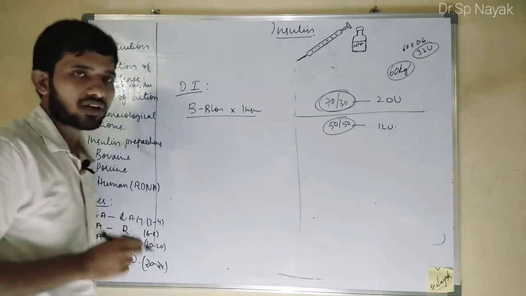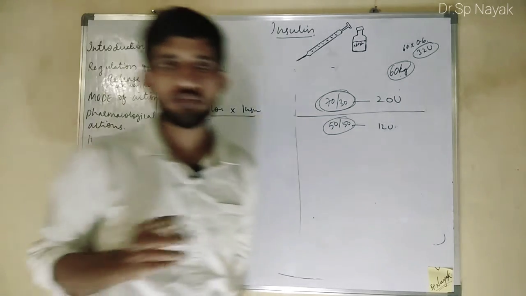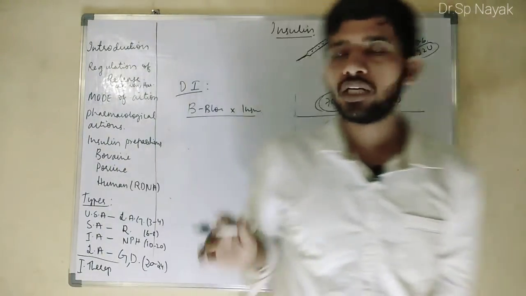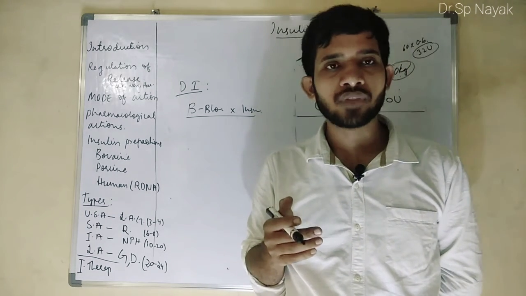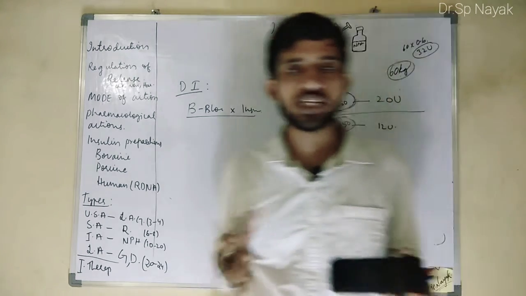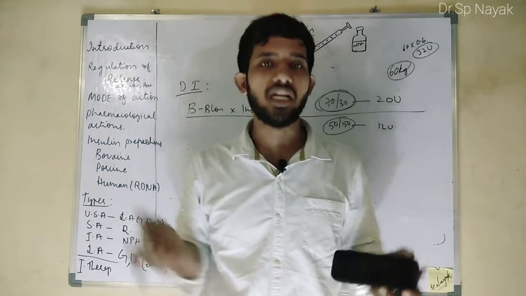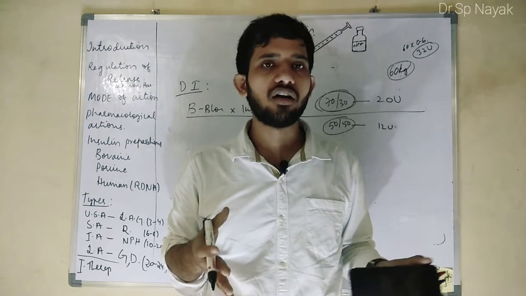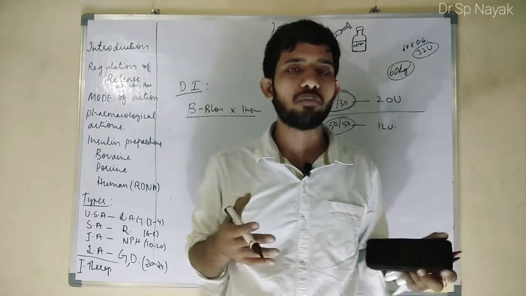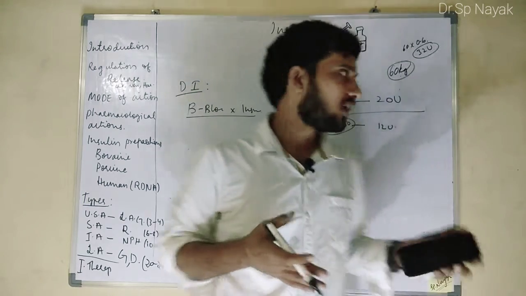When insulin and a beta blocker are given together, in hypoglycemia, in an overdose of insulin, the patient will have sympathetic activity. So the patient will have tremors, shivering, and syncope, all these reactions.